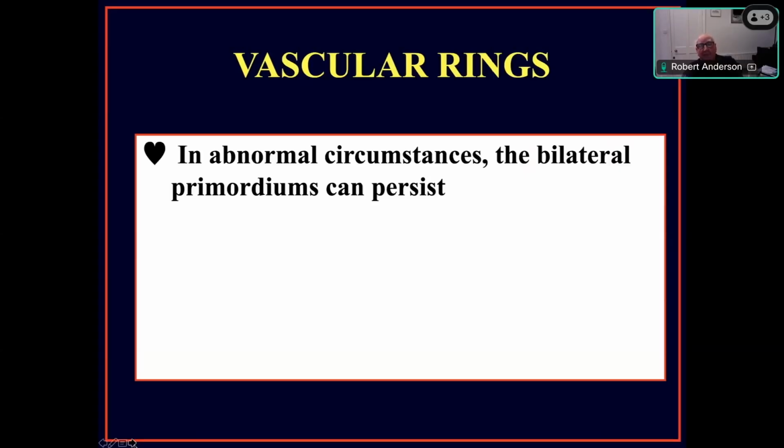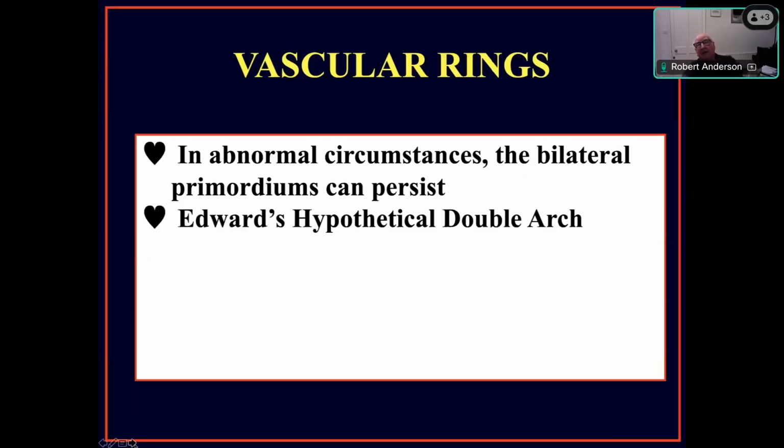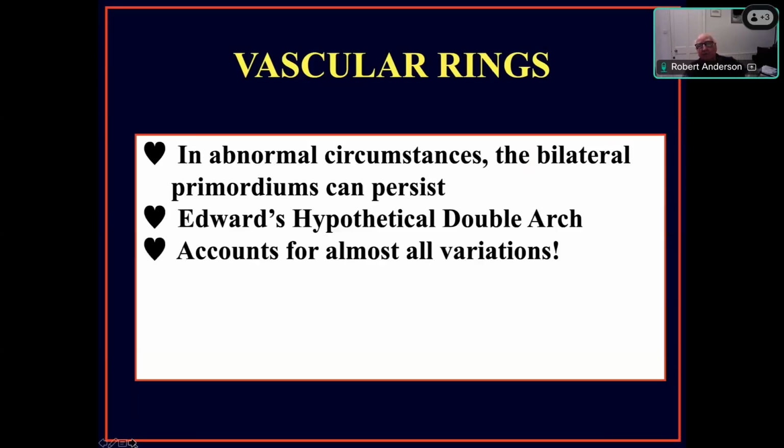Well, in abnormal circumstances, those bilateral primordiums can persist. And a long time ago now, the doyen of cardiac pathologists, Jesse Edwards, pointed out that we could create a hypothetical double arch on the basis of these bilateral primordiums.